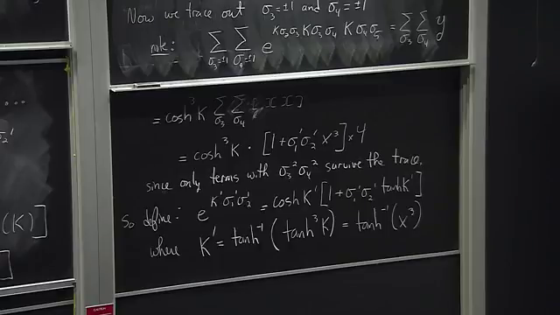So I forced, again, the coupling to be nearest neighbor. K prime acts between sigma 1 prime and sigma 2 prime.